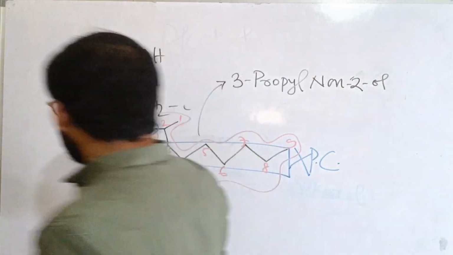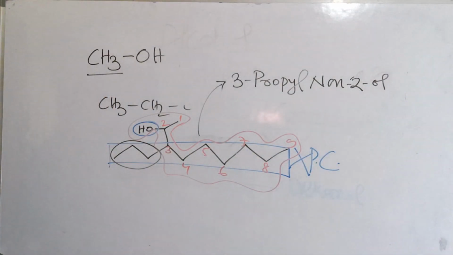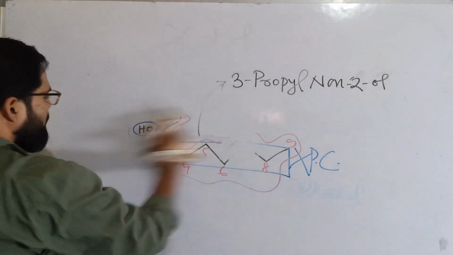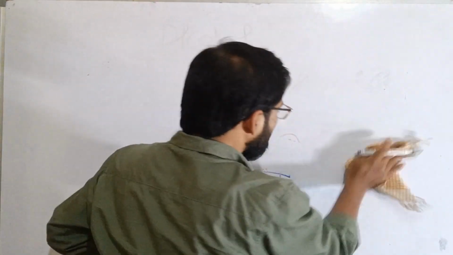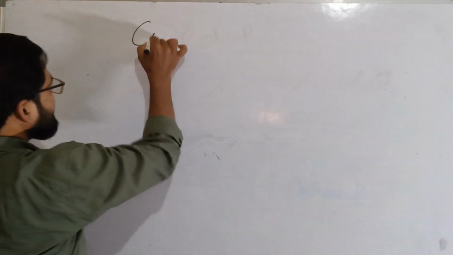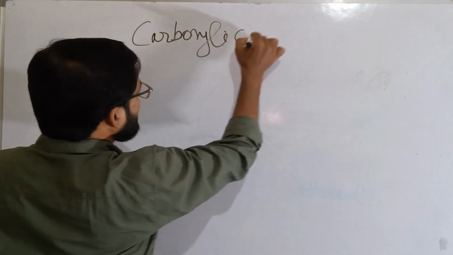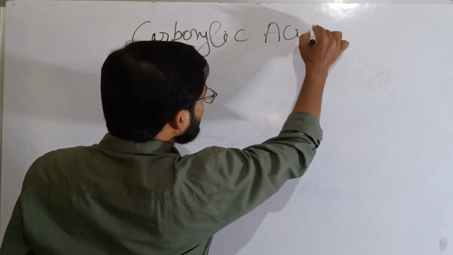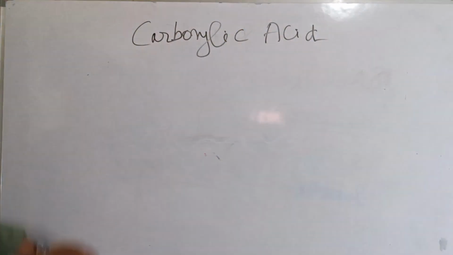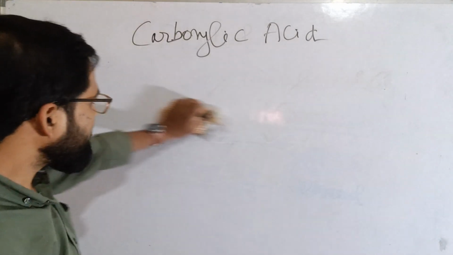Now, the next functional group is carboxylic acid. What is the functional group of carboxylic acid?